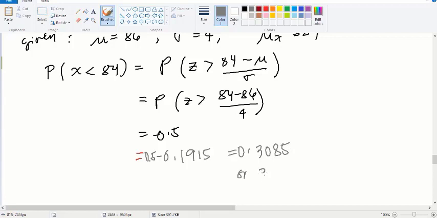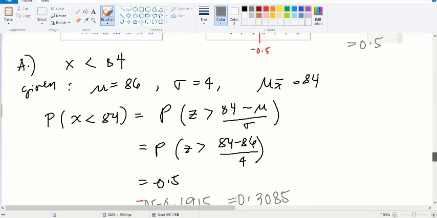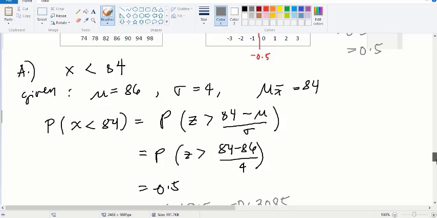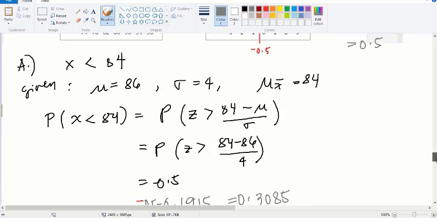In percentage, it would be 30.85%. So there is a 30.85% chance that by random selection, the grade of any grade 11 student would be less than 84. That is how you solve for that one.